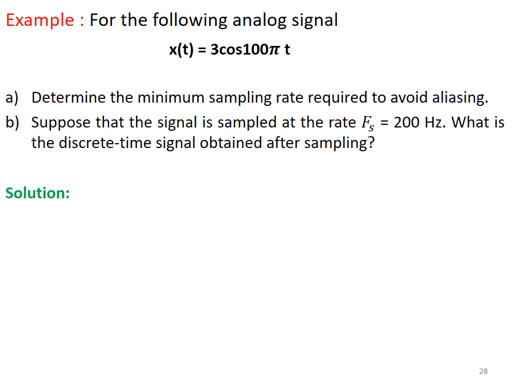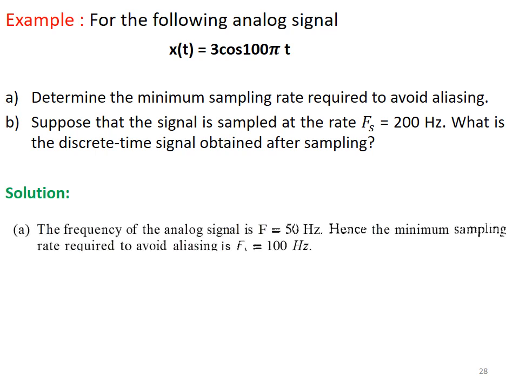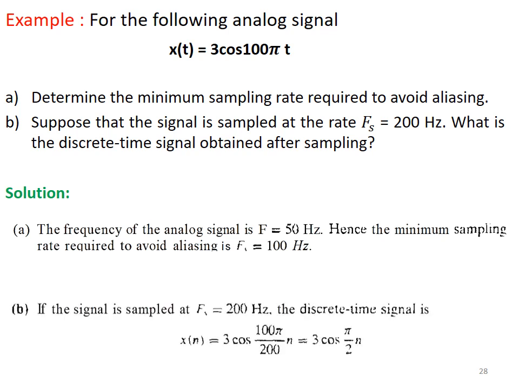So the minimum sampling rate required to avoid aliasing would be twice 50 Hz, which is 100 Hz. Now part B, if the signal is sampled at f_s equal to 200 Hz, then the discrete time signal would be obtained by 100 pi upon 200, which is 3 cos(pi/2 n).